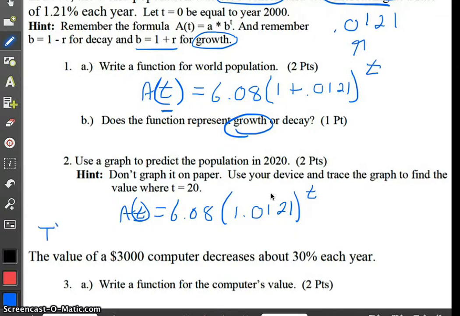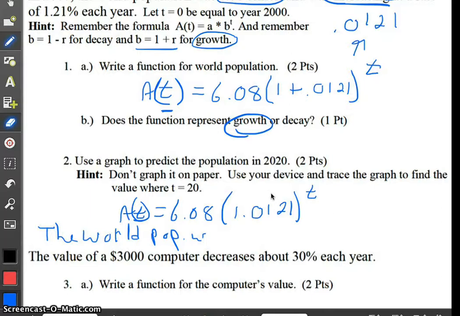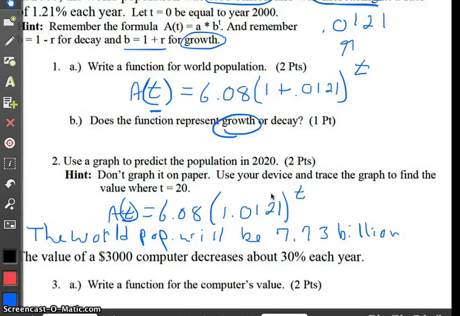The world population will be 7.73 billion people in 20 years. Okay, so there it is.